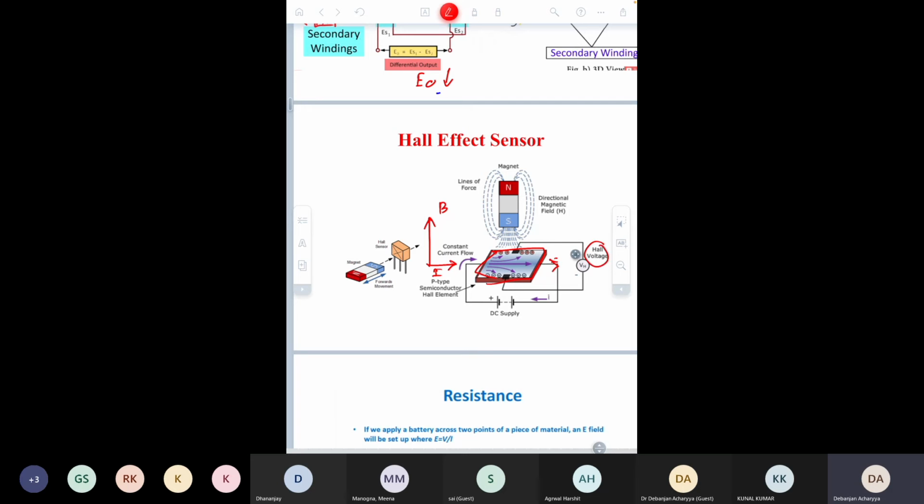This voltage is also perpendicular to the direction of both B, the magnetic field, and I, the current.